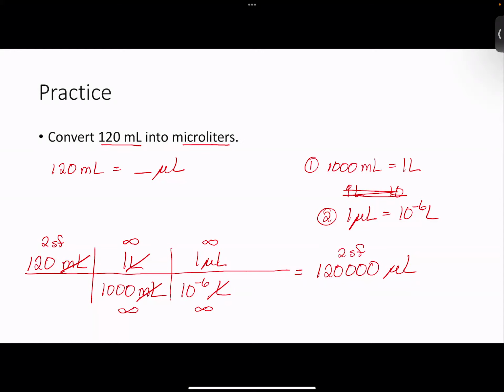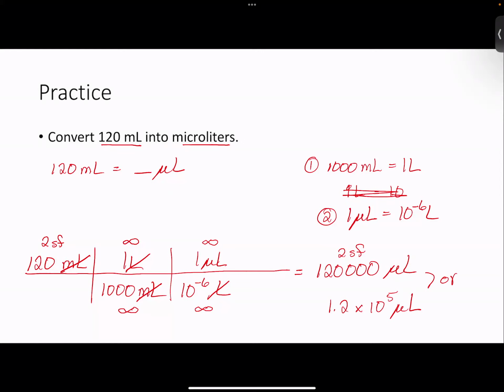You can record your answer this way. You can also record your answer as 1.2 times 10 to the 5th microliters. Either one would be correct.